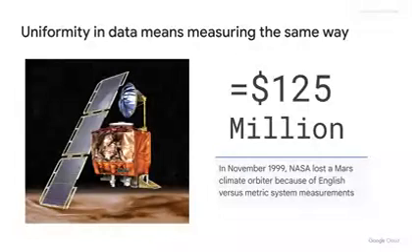And while it seemed like a potentially innocuous problem to begin with, like everyone's just English versus metric, who's right, at the end of the day, when it amounts to building such a complex system like this, you need to make sure that everyone is using a uniform system of measurement.